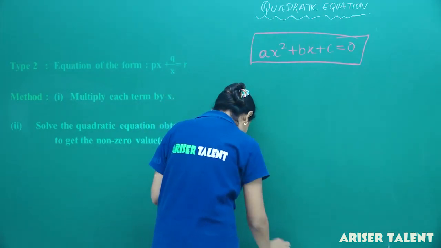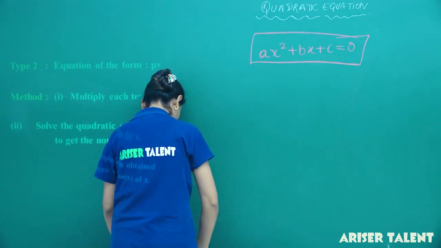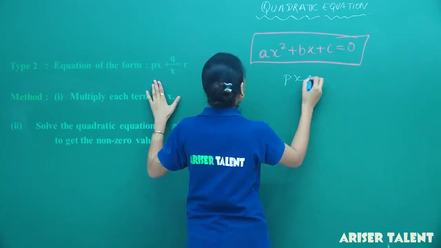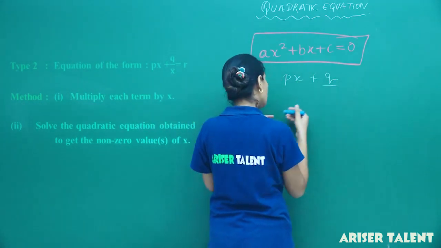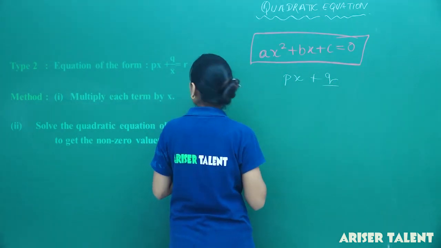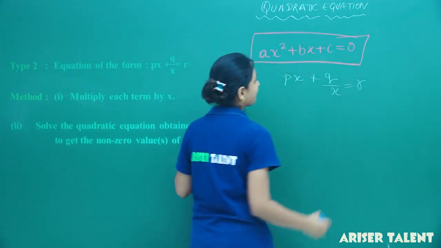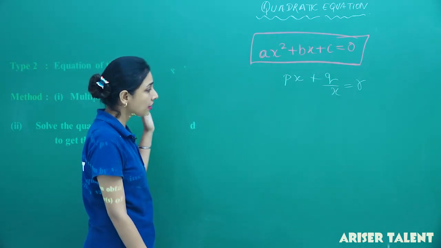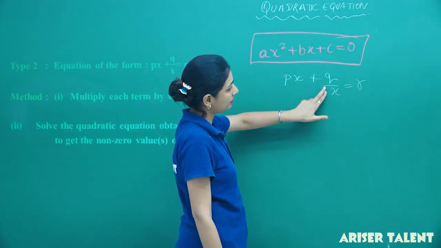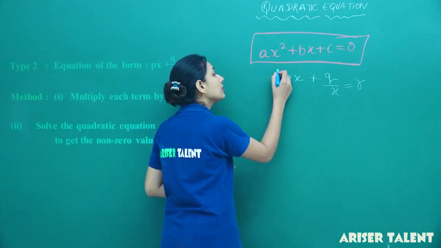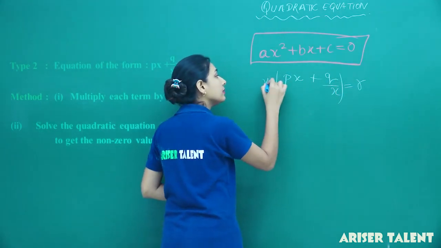Okay, so what will I do? I'll have this px, plus q divided by x equals to r. Now, I am doing this because I have this 1 by x. So, I am multiplying this complete equation by x here.